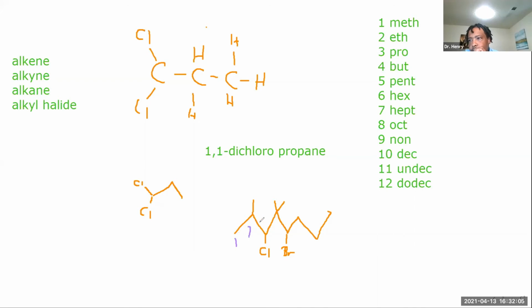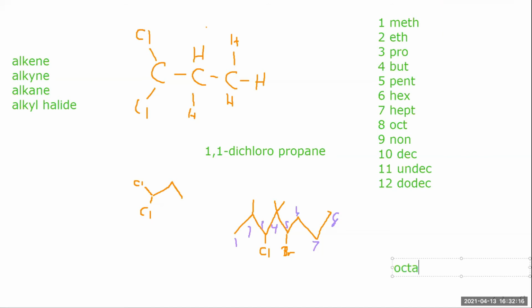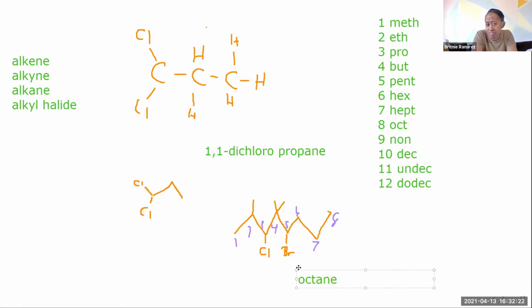So 1, 2, 3, 4, 5, 6, 7, 8. We'll put octane at the end, and you have 3 chloro and 5 bromo.